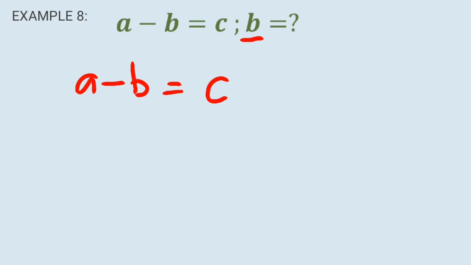So, to eliminate a, we subtract a on this side and also on this side. Now we can cancel this out and we're left with negative b is equal to c minus a. Is that our final answer?